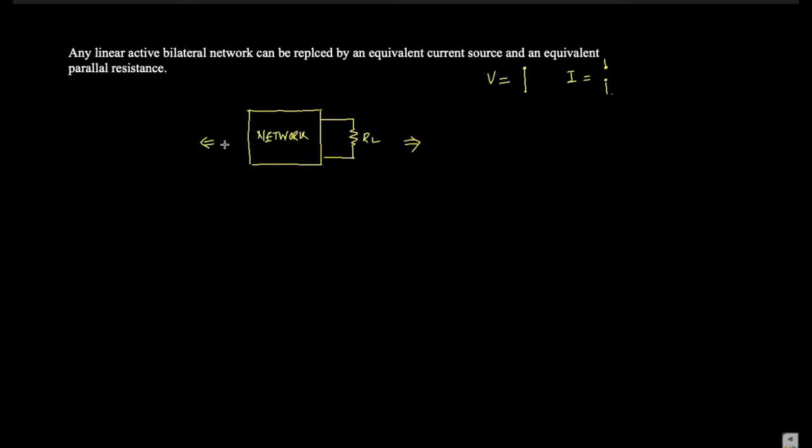If we want to find the current through that variable RL load, then you should apply both Thevenin's and Norton's theorems.